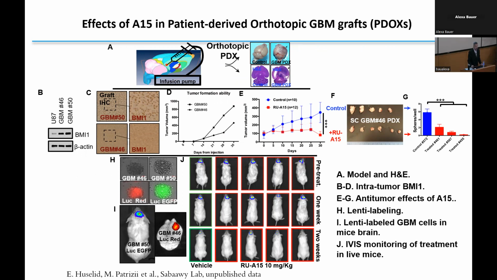And note in panels F and G the effect of these compounds on the PDXs, leading to complete elimination of these PDXs. So we are excited about the potential of these inhibitors and looking forward to the next step in moving them.